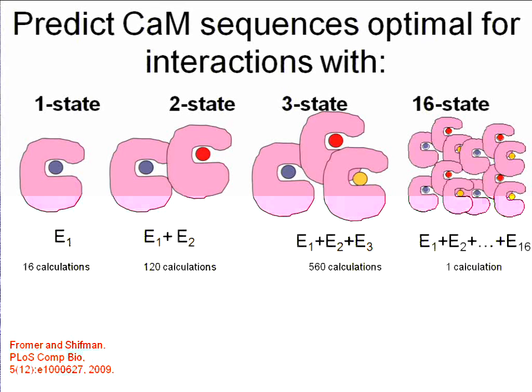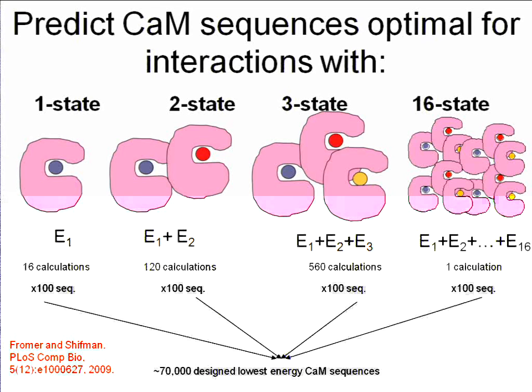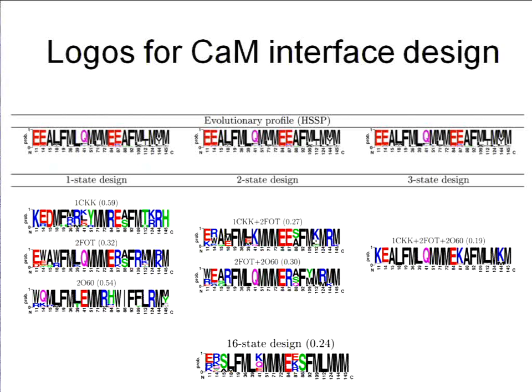For each such scenario, we designed the 100 lowest energy sequences to come up with these profiles. These are just some examples of the profiles. The details aren't important here, but these are the profiles for one state, that is one partner, two partners, three partners, and on the bottom, all 16 partners.